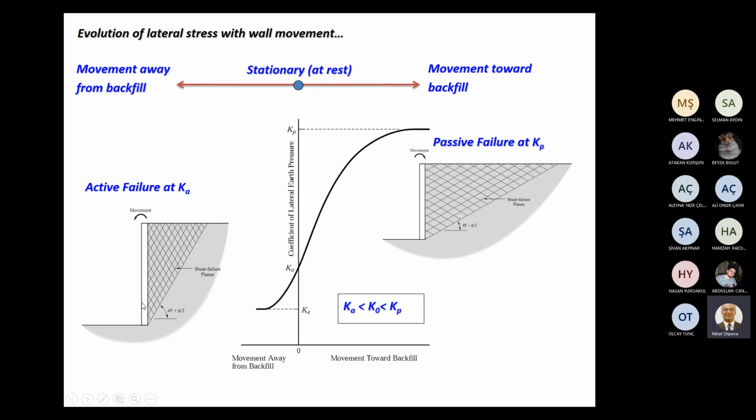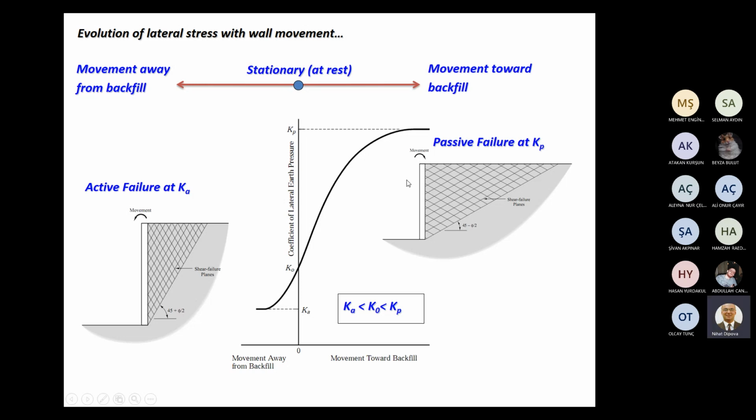When this wall moves away from the soil, this is active case, and the coefficient of earth pressure is called coefficient of active earth pressure, this value.